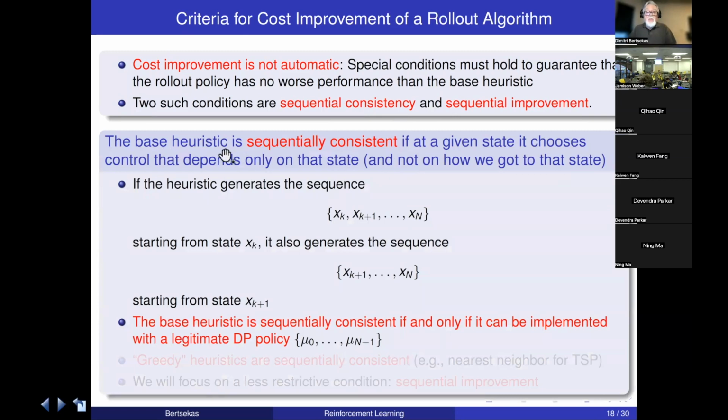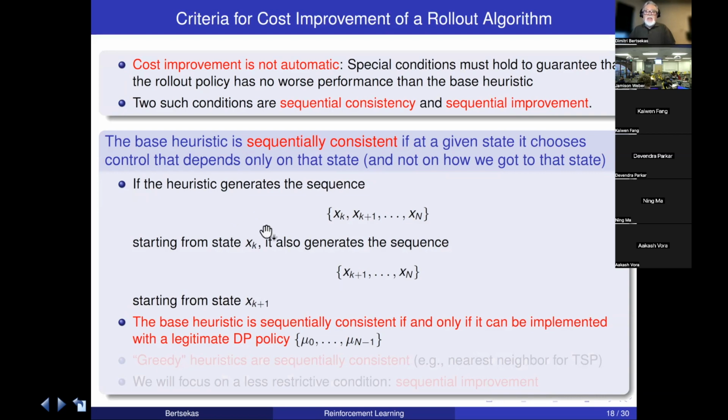Okay, we say that the base heuristic is sequentially consistent if at a given state it chooses a control that depends only on that state and not on how we got to that state. In other words, if the heuristic goes to state xk, it generates the same trajectory regardless of how it got to xk.